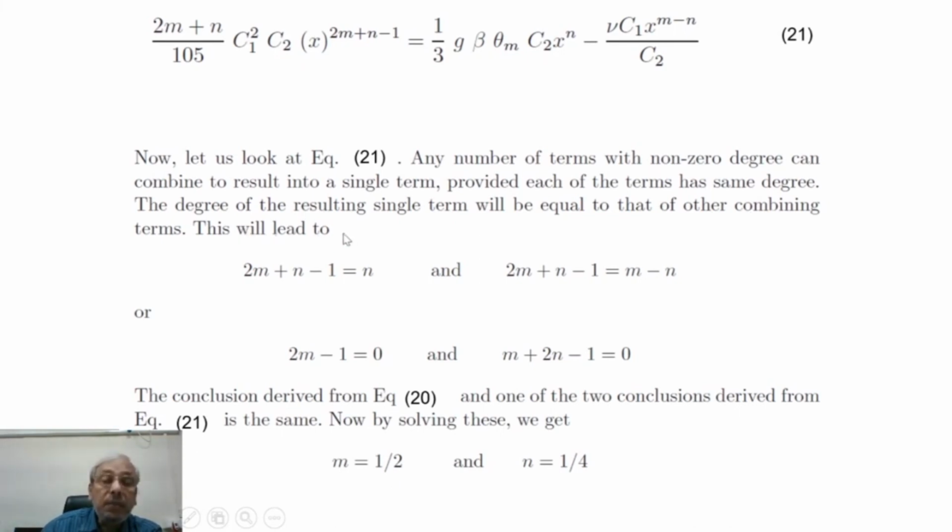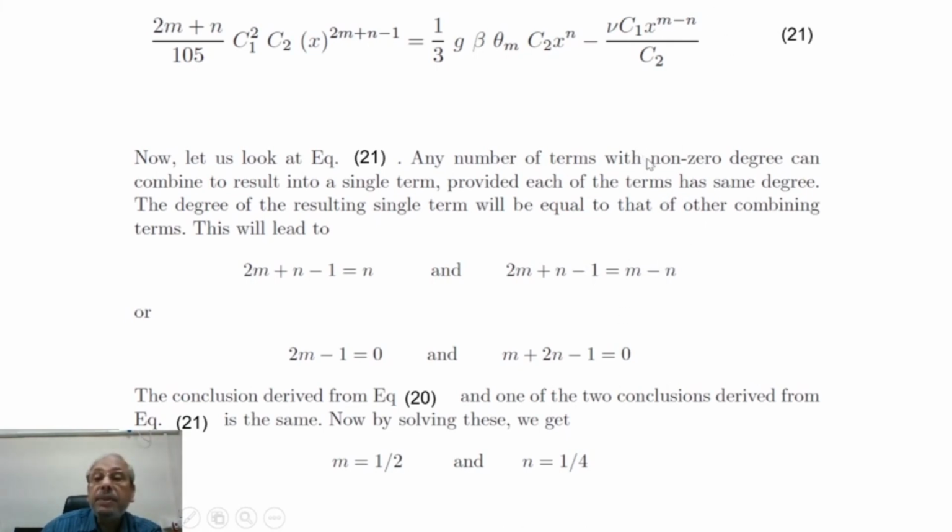This will lead to twice m plus n minus 1 equal to n. This is one. And another is twice m plus n minus 1 equal to m minus n.